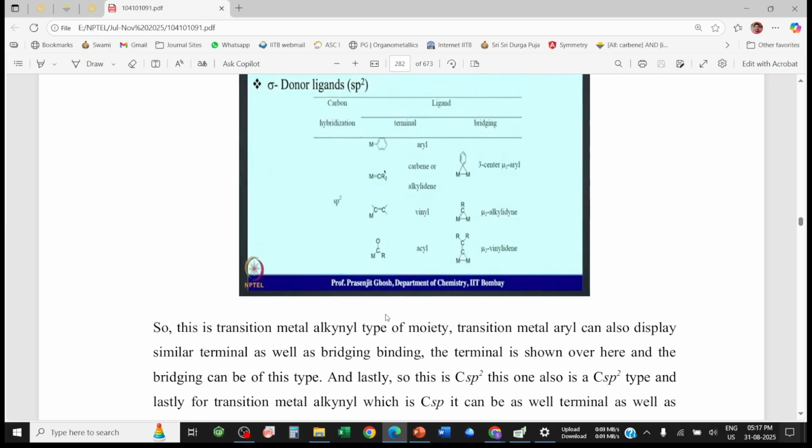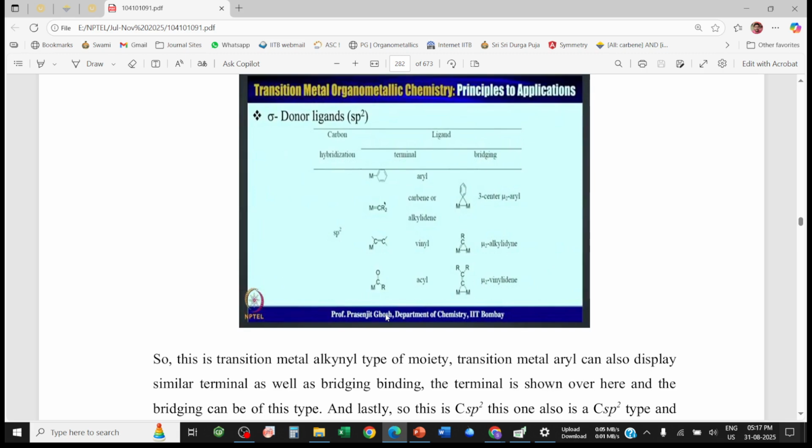So here, when we are discussing the bonding with transition metal alkene complexes, one thing always remember when this question is asked.